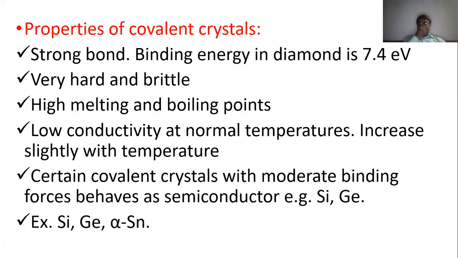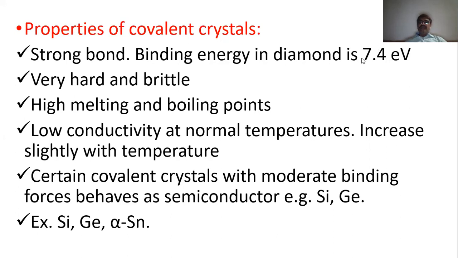Here we will have the properties of the covalent bond, because we are dealing with the bond. The crystals possessing covalent bonds, that is covalent crystals, are hard and brittle crystals. Why? Because the bond is so strong that the binding energy, that means the energy released during formation of a single bond, is 7.4 electron volt.